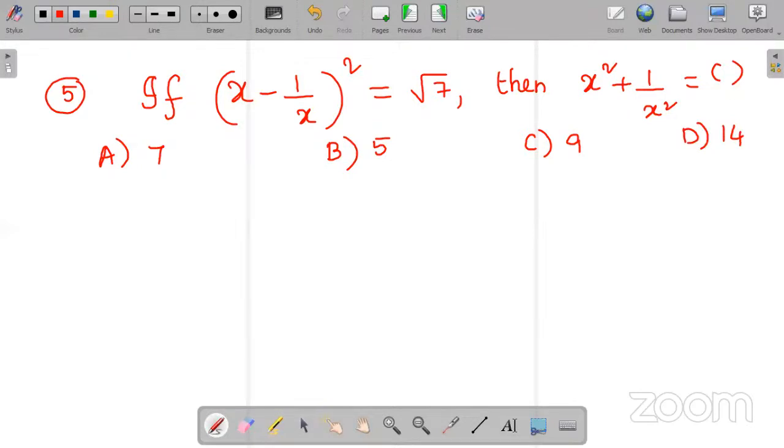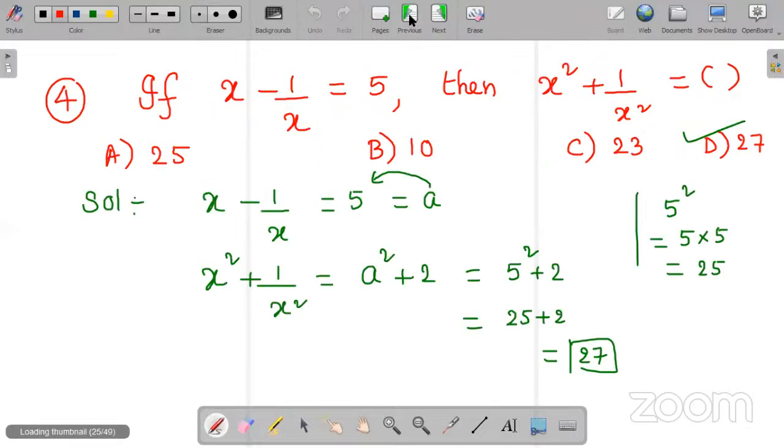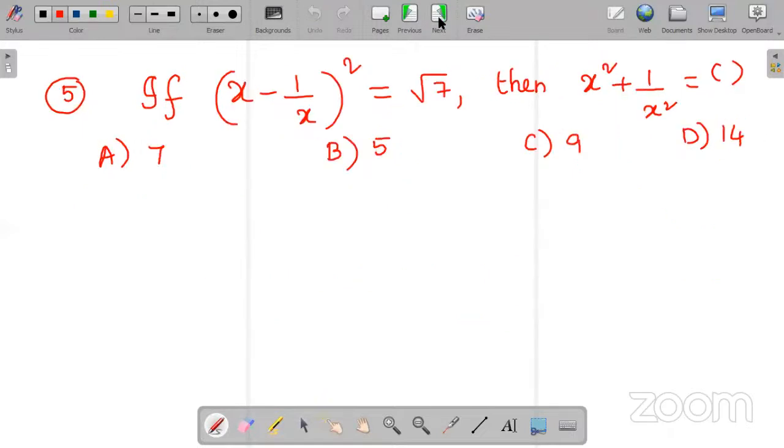Which is the right option? Right. D is the right answer now.